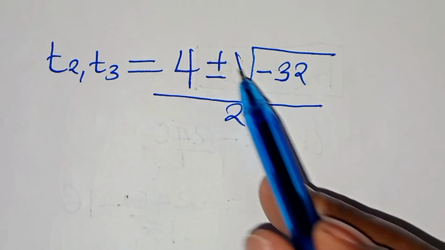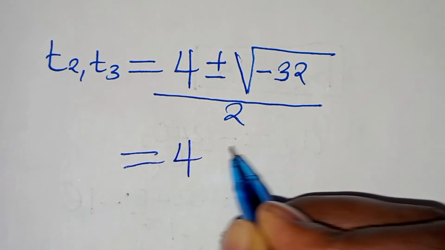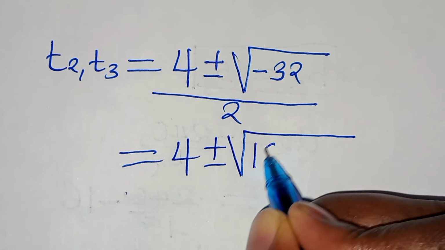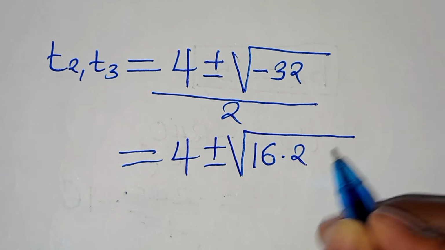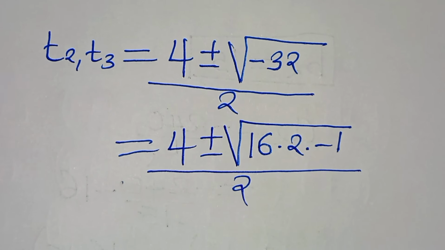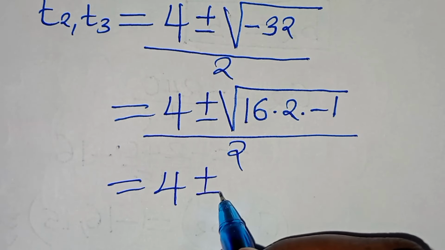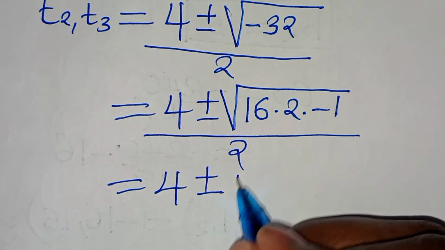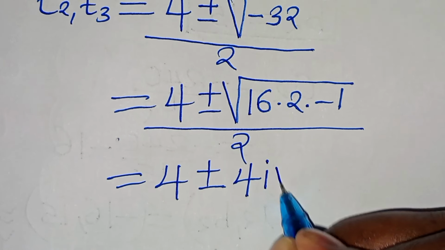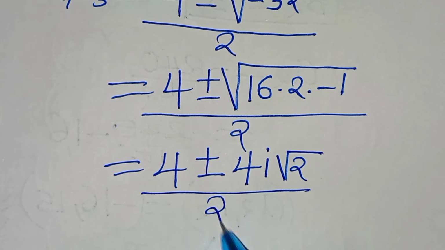Now we can express the square root of minus 32 as the square root of 16 multiplied by 2, then multiplied by minus 1. So this implies that we have 4 plus or minus the square root of 16, which is 4, the square root of minus 1, which is i, then the square root of 2, everything divided by 2.